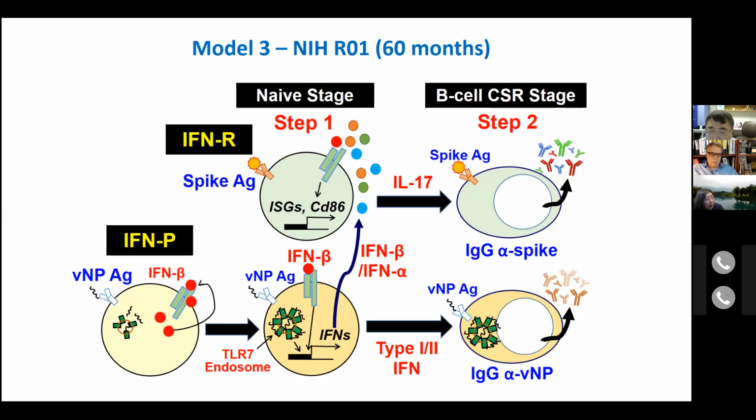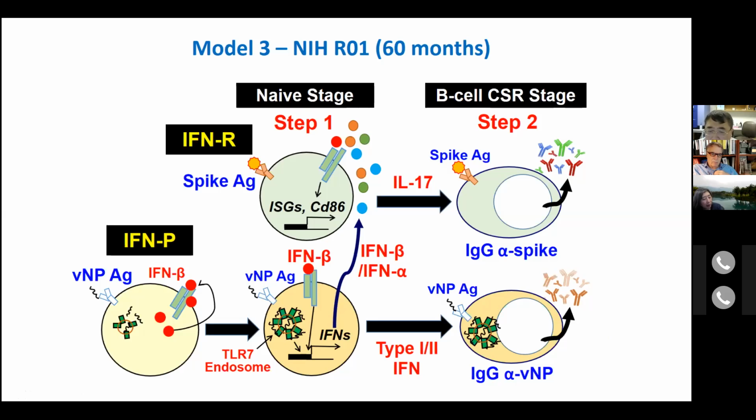Together they stimulate the TLR7 pathway, of course, because it's an RNA component, so it signals through TLR7, and these are the interferon-producing B cells, because the interferon beta signals through TLR7.